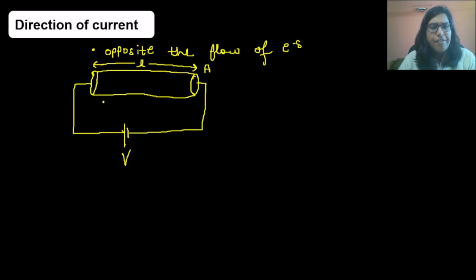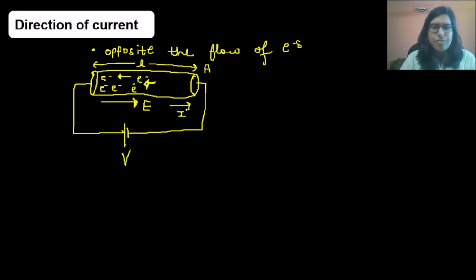So we know the electric field will be in this direction, because if we move in the direction of electric field, voltage will decrease. So electric field will be in this direction. Now if electric field is in this direction, then the electrons will move in this direction, right? And the current will move in this direction.